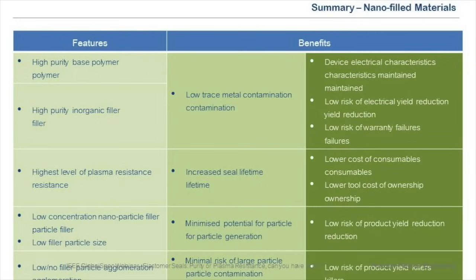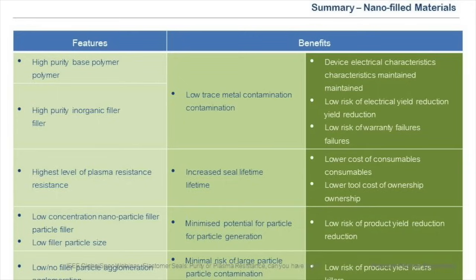Okay, now we have come to the final slide. Let me summarize my presentation. Nothing really beats having some actual real data when it comes to choosing the correct elastomer material for semiconductor processes. First of all, there's no magic material, no one size fits all.